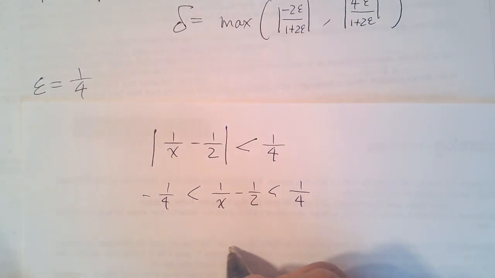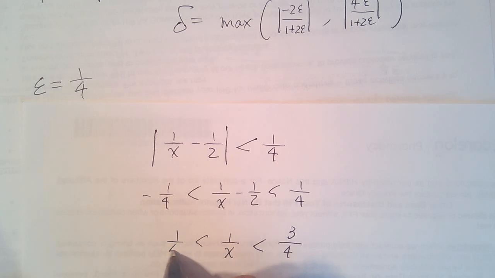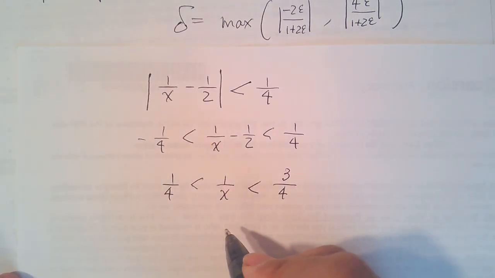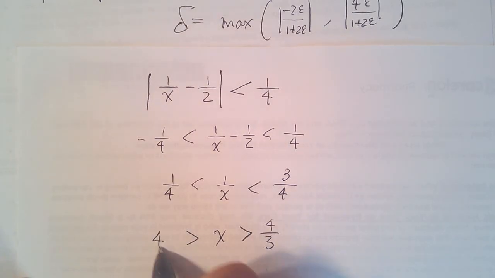Then I add a half, so I get a quarter plus a half is 3/4. I'm going pretty fast, isn't it? Therefore, I have x, I flip it, change the sign, now I remember, 4 over 3 and 4.